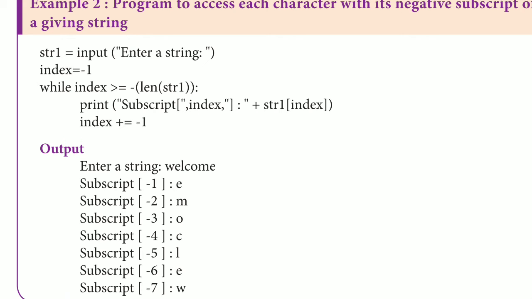You can use the same program in a for loop also, but to make a small difference they are using this while loop. While index is greater than or equal to minus of length. len is a predefined function that gets the number of characters in the string str1. This will return that it has 7 characters, starting from W till E. So 7 characters, so -7 is the value.